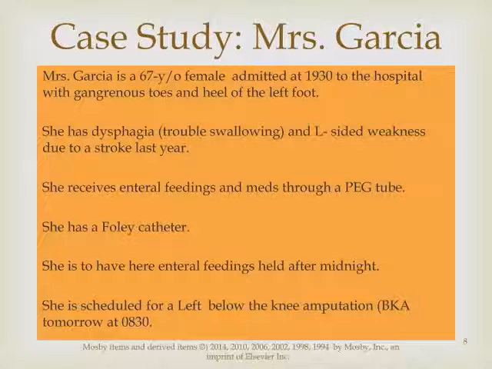She is receiving enteral feedings and medications through a PEG tube, which goes directly into either the stomach or the intestines. And she has a Foley catheter, a urinary catheter. She is to have enteral feedings held after midnight because she's scheduled for surgery of a left below the knee amputation in the morning at 8:30.